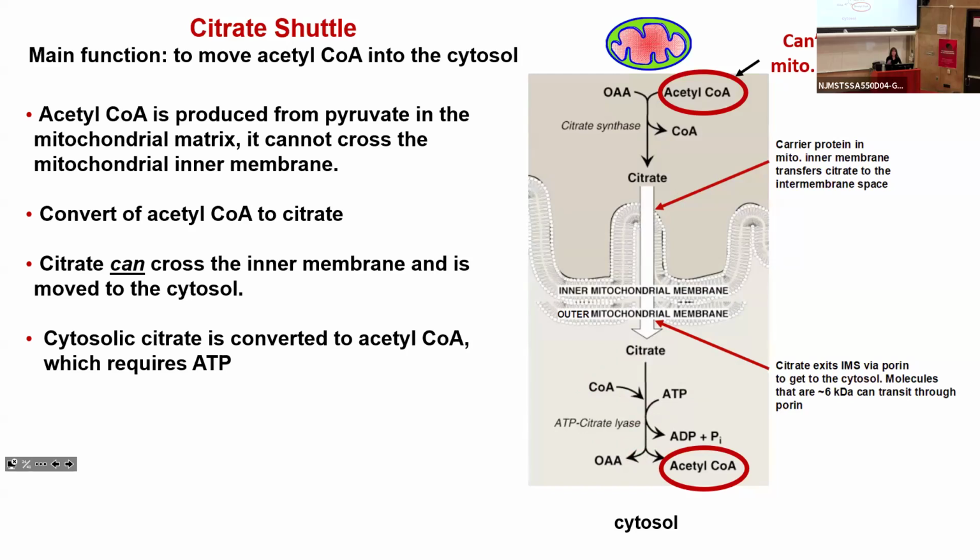I think that's an important thing to think about. At least for my lectures, I'm only interested more so in how things are regulated. If you just think about the energy status of the cell, of your body, do you have a lot of ATP to spend? Then you'll probably spend it on these kind of synthetic pathways that require ATP. If you don't have much ATP around, you'd probably want to downregulate those things that cost a lot of ATP.